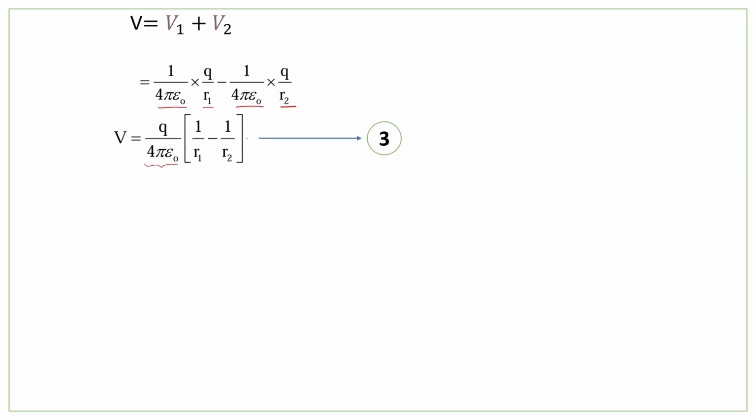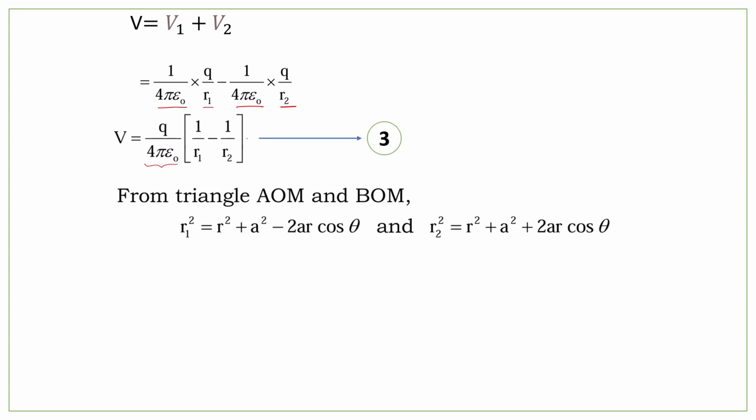Mark as equation 3. From triangle AOM and BOM, R1 square is equal to R square plus A square minus 2AR cos theta, and R2 square is equal to R square plus A square plus 2AR cos theta.